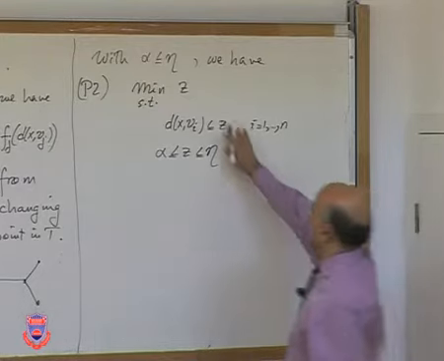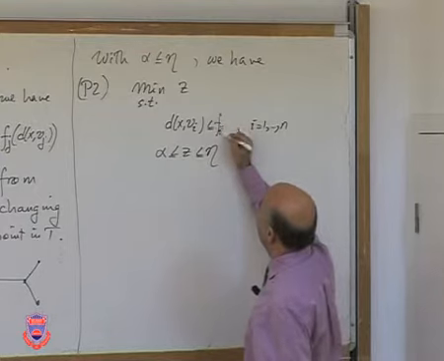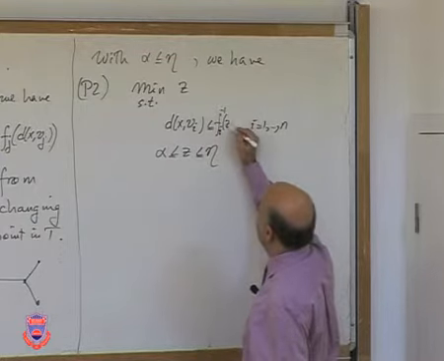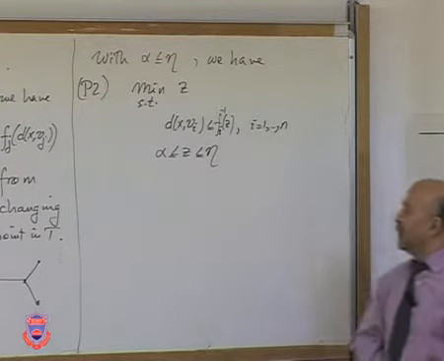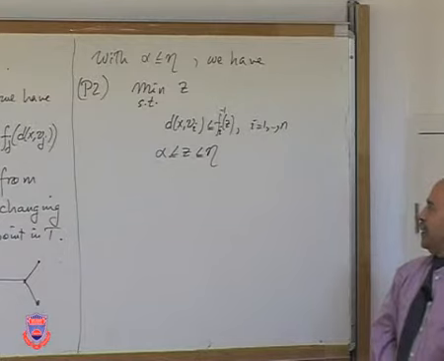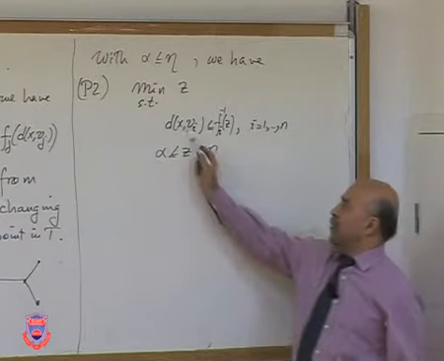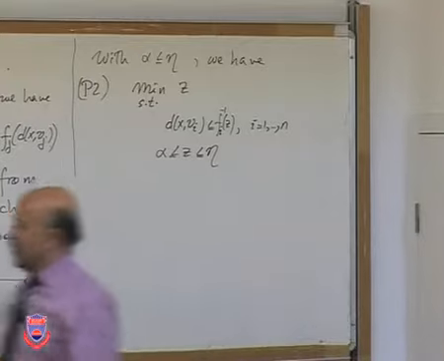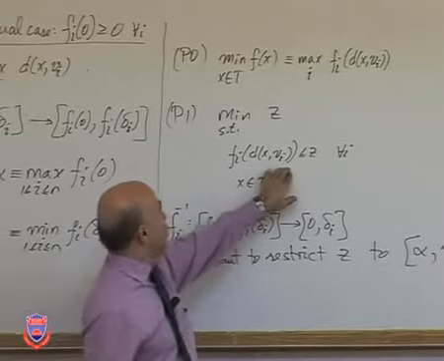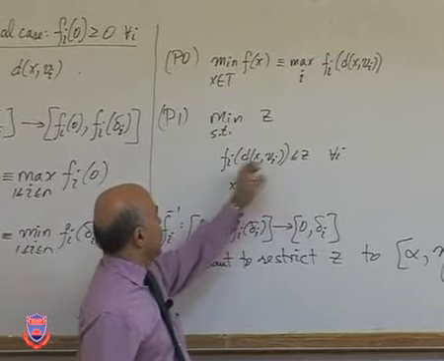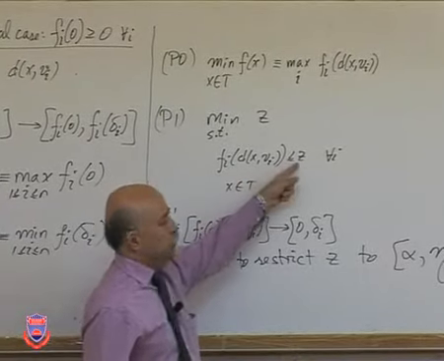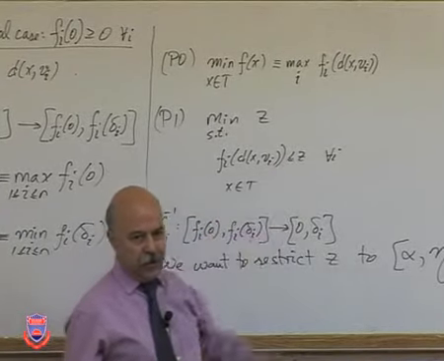Sorry, that's not z, that's f_i inverse of z. Now, the constraints here are surely equivalent to the constraints you see in the previous problem, because f_i inverse can be applied now to such z.